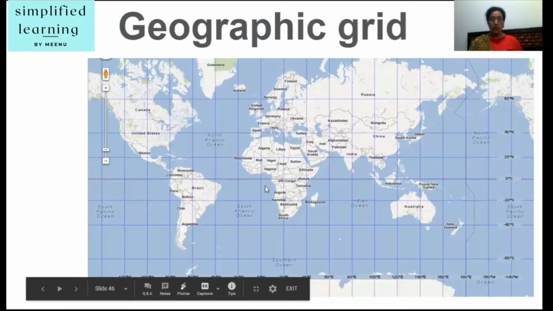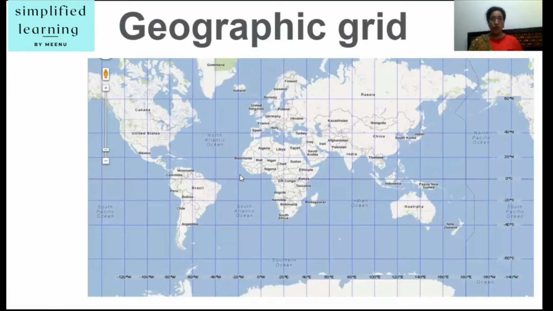Similarly, on the other side of the prime meridian, you have 40° west, and on the eastern side you have again 40° east. Longitudes and latitudes are running all across the earth. They are imaginary lines drawn to locate a particular place.